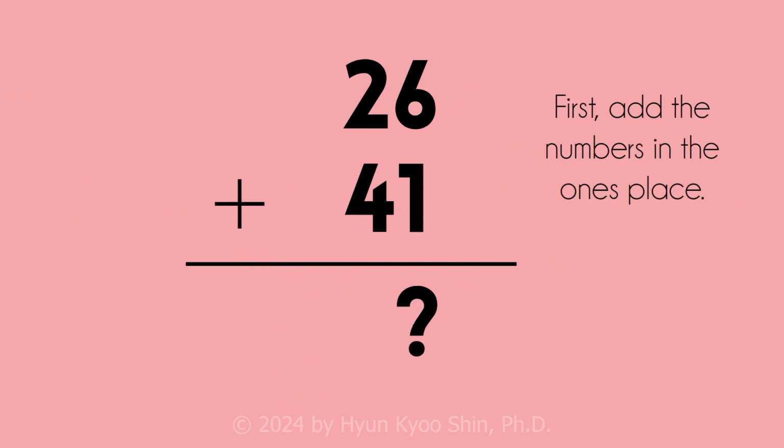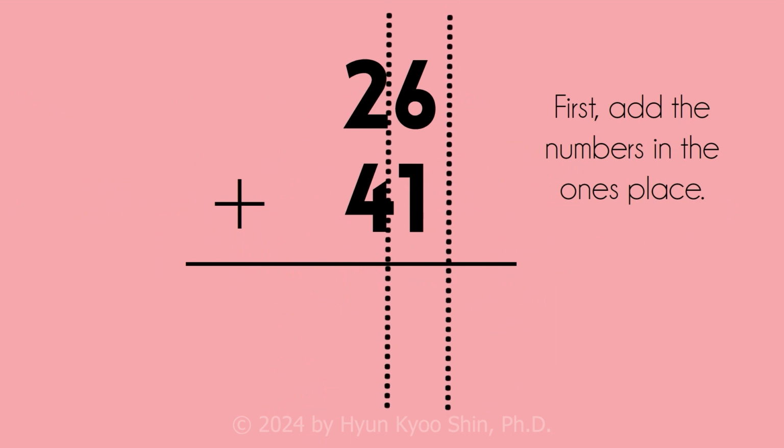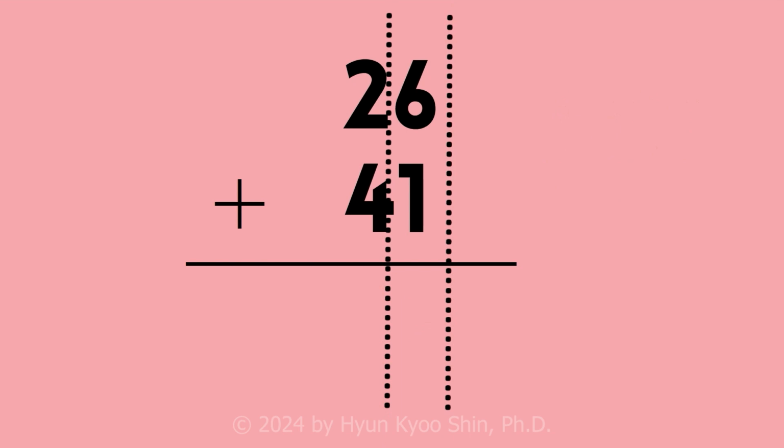First, add the numbers in the ones place. 6 and 1 are in the ones place. So 6 plus 1 is equal to 7.